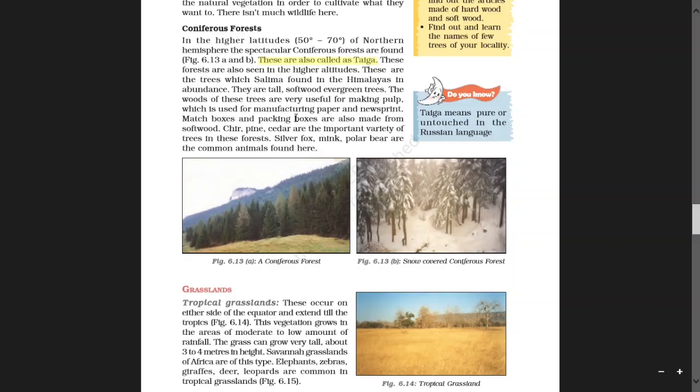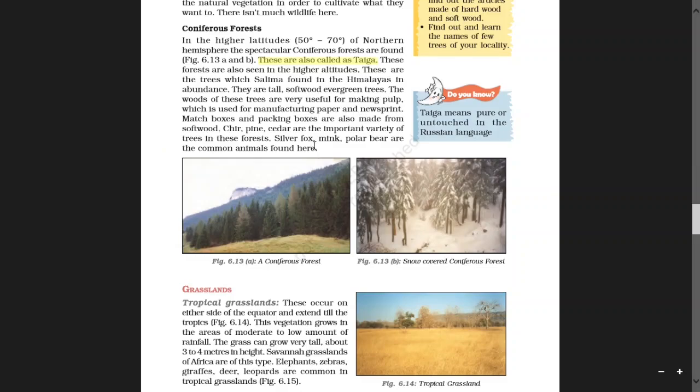Matchboxes and packing boxes are also made from softwood. Cedar and pine are the important varieties of trees in this forest. Silver fox, mink, and polar bear are the common animals found here.